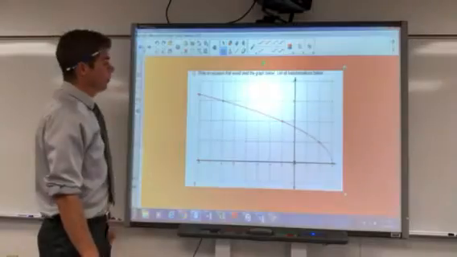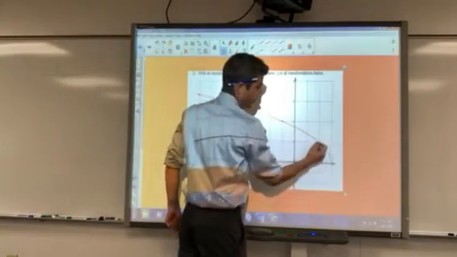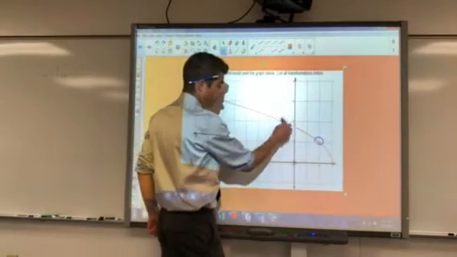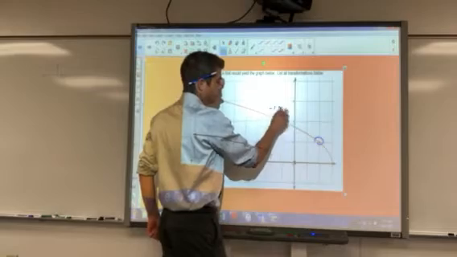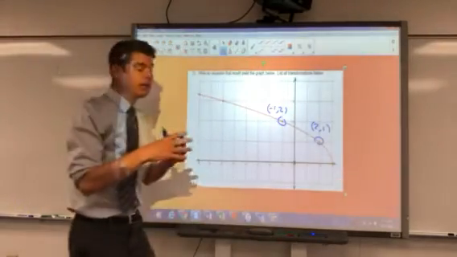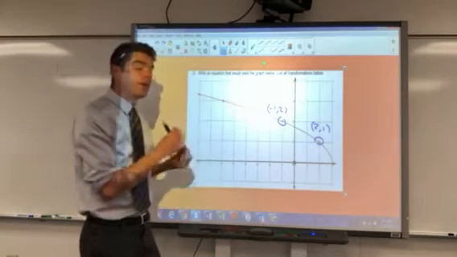So if you look at a point that's not the vertex, you could pick perhaps (2, 1) or (-1, 2), just to see whether it's opening wider or narrower than our parent function.